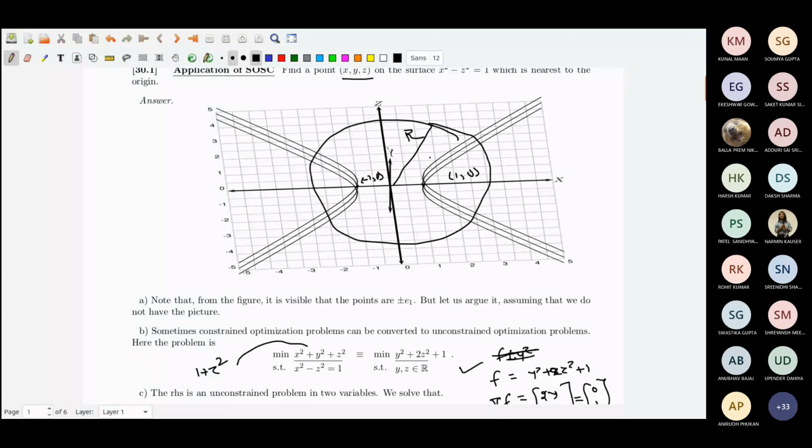Therefore the minimum will definitely exist, and this minimum will be the absolute minimum. So that is another argument you can give.